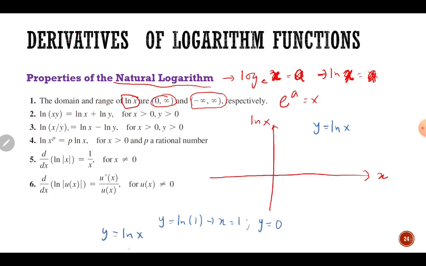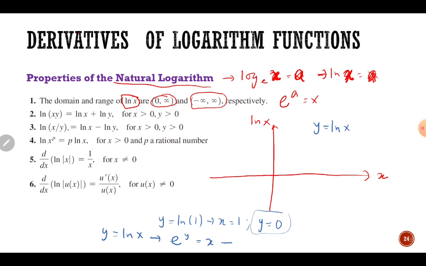So ini maksudnya e to power of y sama dengan x. So tadi saya kata y sama dengan ln 1. Bila x sama dengan 1, y sama dengan kosong, betul?